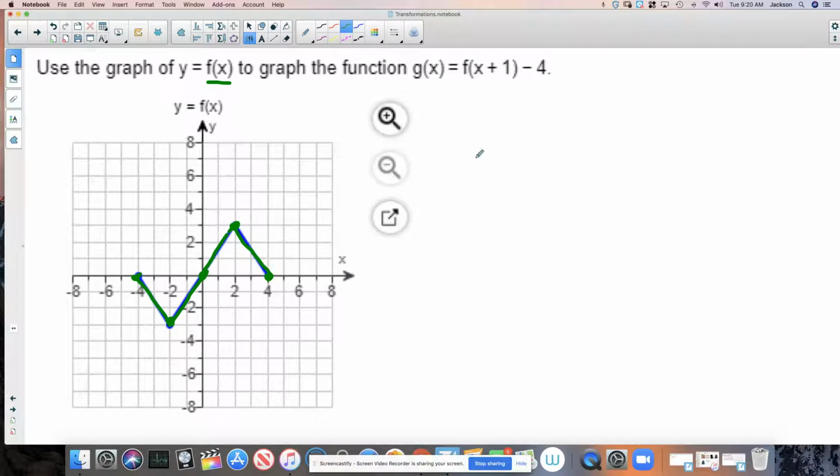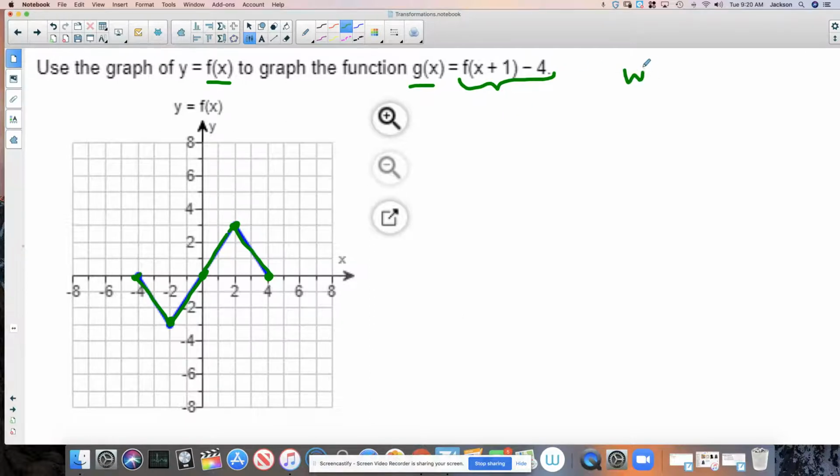But they want you to be able to see, okay, if f of x is this green graph here, and then g of x, a different function, changes f of x according to this, then we've transformed the graph.